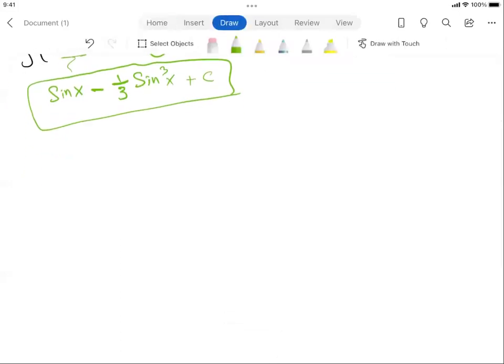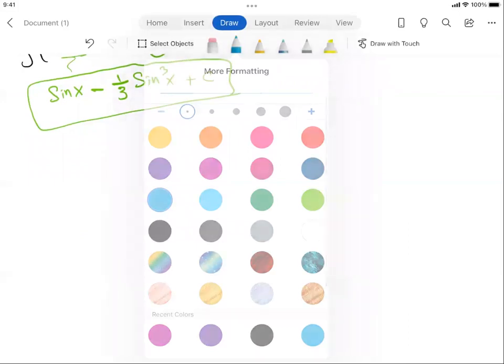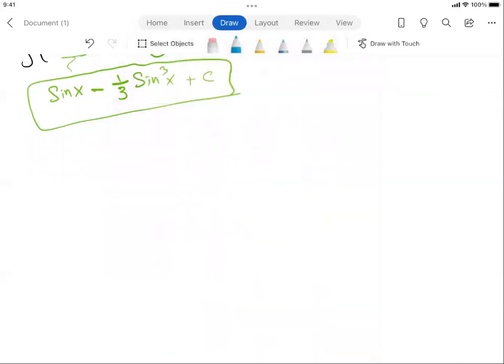Okay. Let's take a second example. It's an integral of the form sine to the power 5 of x, cosine square of x dx.